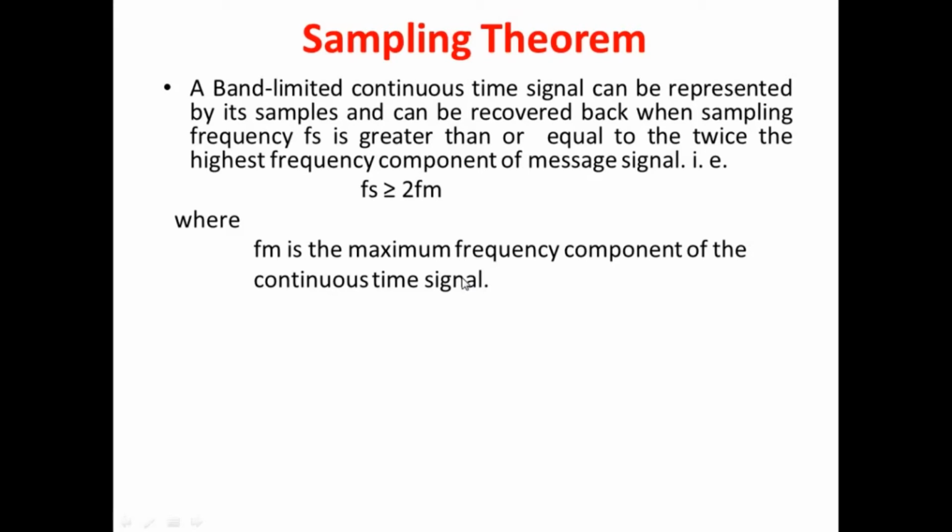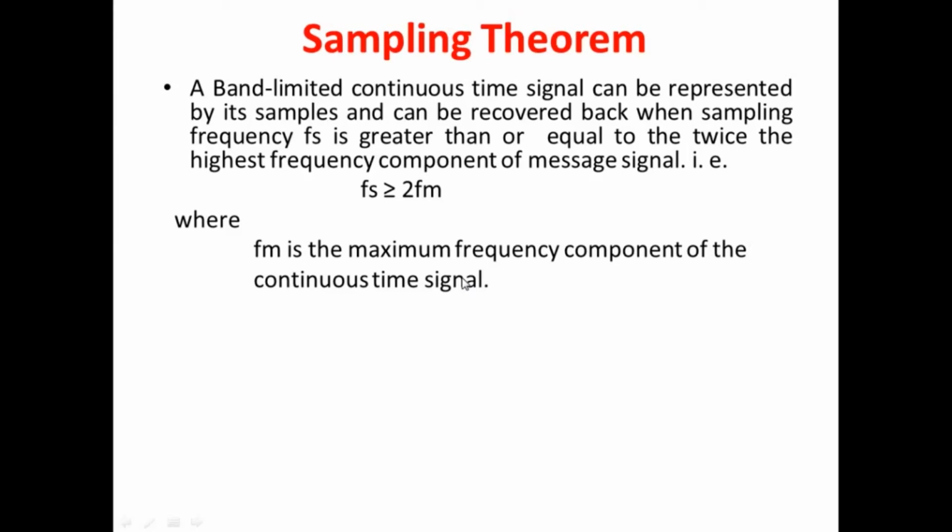The message may have many frequencies. Among those frequencies we have to select the maximum frequency, and that will be the main component, because based on that highest frequency only we are going to sample this analog signal. So we have to consider twice the maximum frequency in order to sample the analog signal.